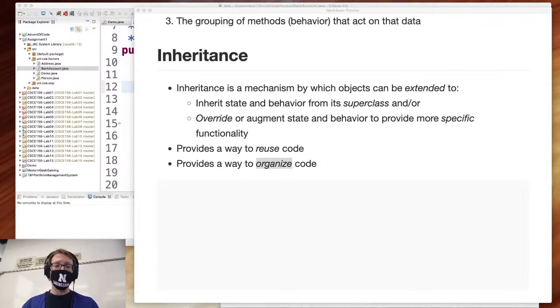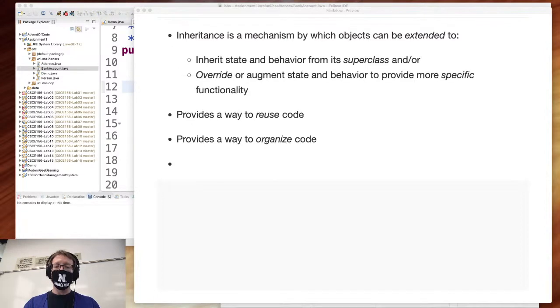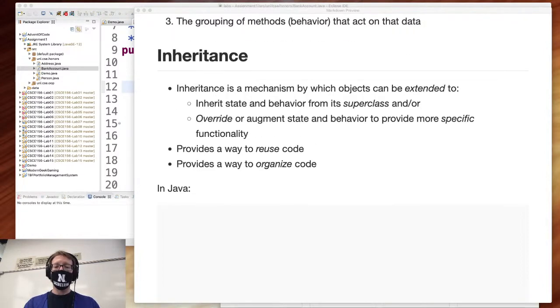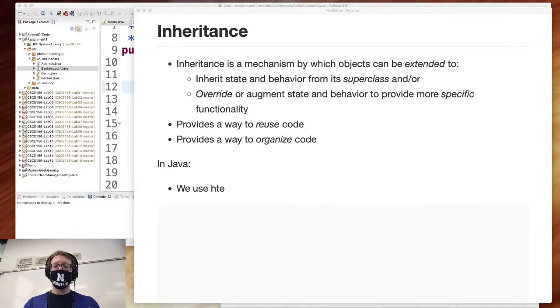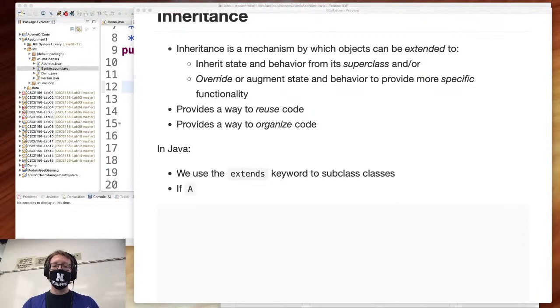Organization and code reuse. In Java, we use the keyword extends to do this. So in Java, we use the extends keyword to subclass classes. Right? If we've got a situation where A extends B, then we say that A is the subclass or child class.